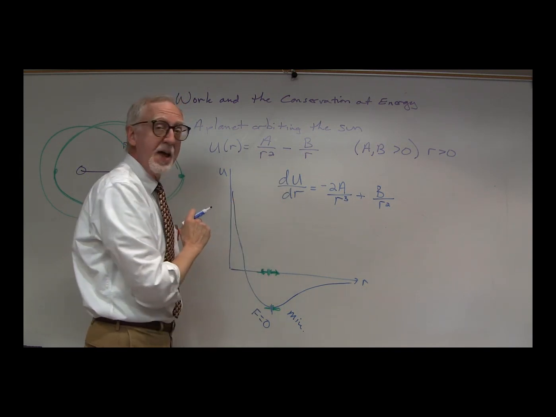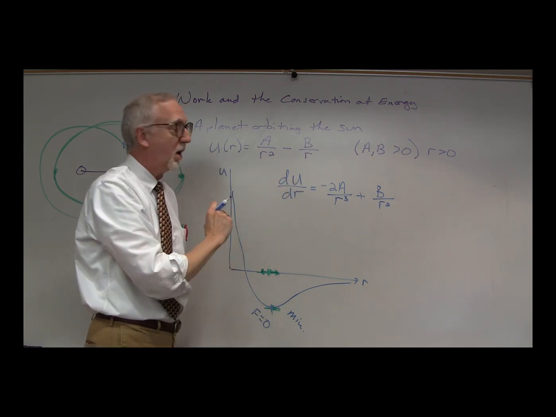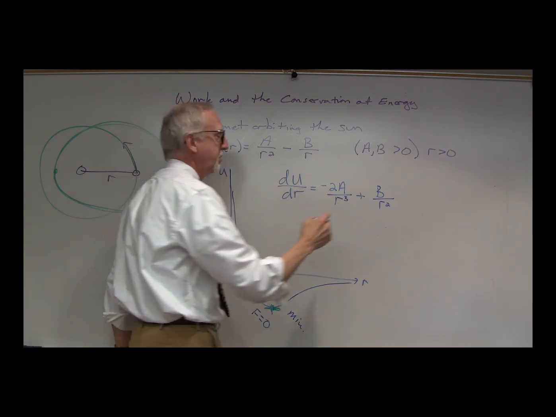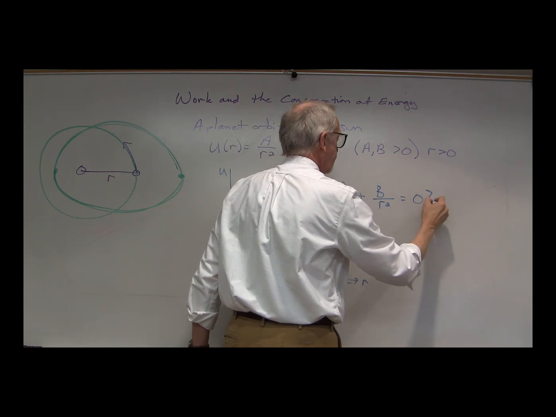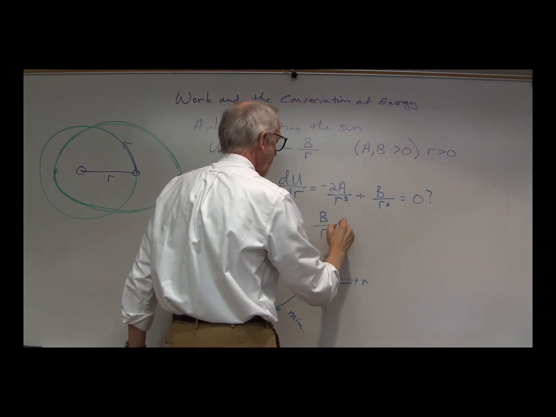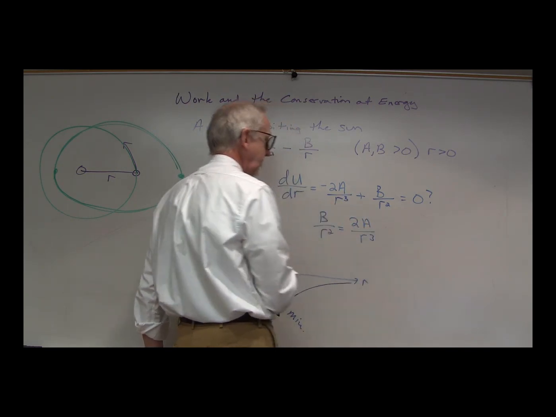So this is actually the negative of the force, right? So this will be minus F sub r. And we want to figure out where the force is 0. Well, that will be where b over r squared is equal to 2a over r cubed.